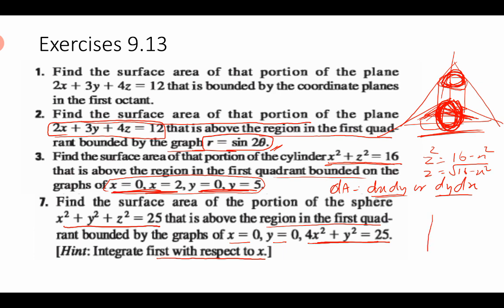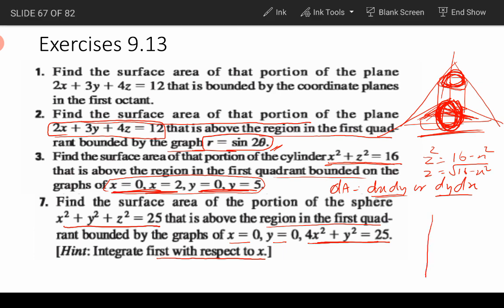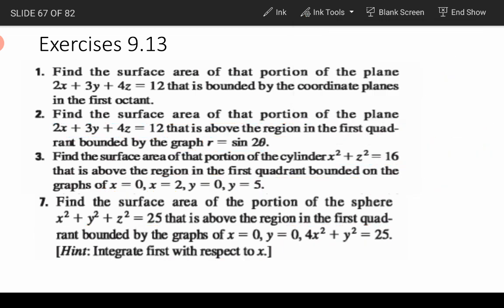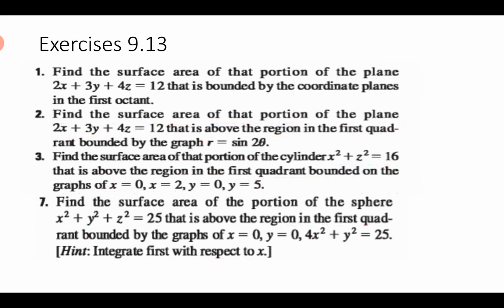The ellipse, if it is on the xy plane, when you divide by 25, you will get 4x square over 25 plus y square over 25, which is equal to 1.